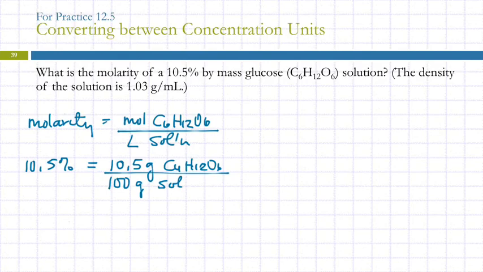Solution. Well, that might be useful. And then I'm given a density, 1.03 grams per milliliter. Grams of what per milliliter of what? Solution. Grams of solution per milliliter of solution. So I need moles and I need liters of solution.